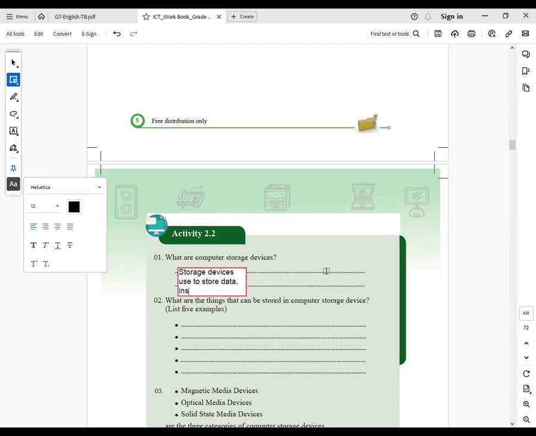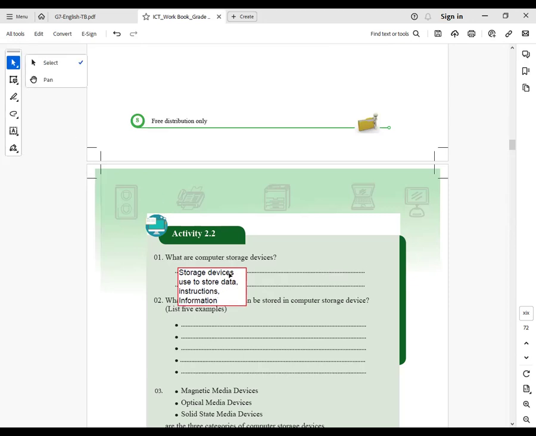Sometimes instructions also. Data, instructions and information.